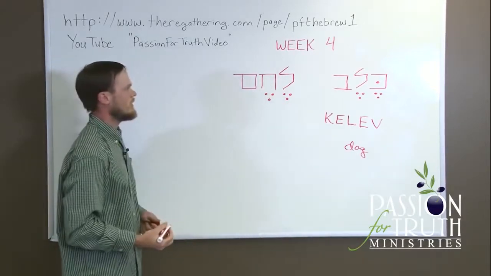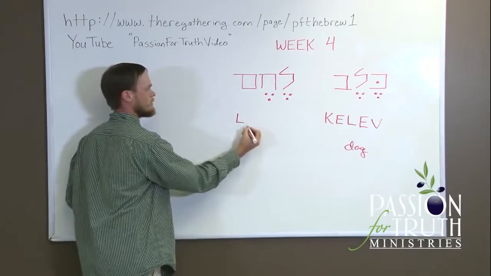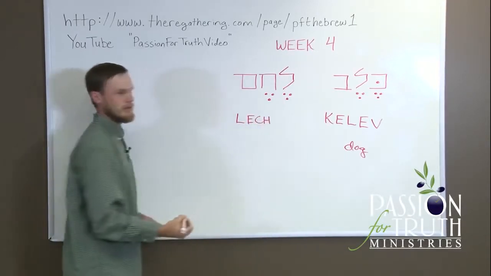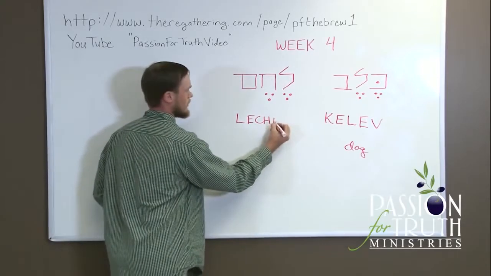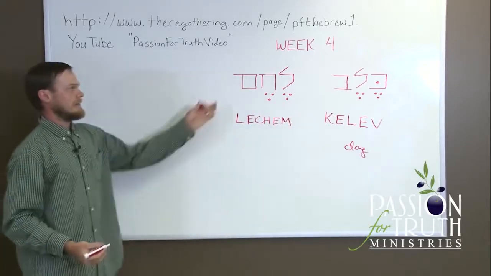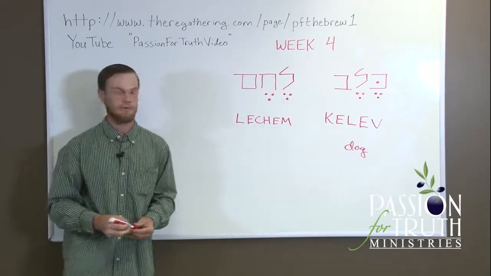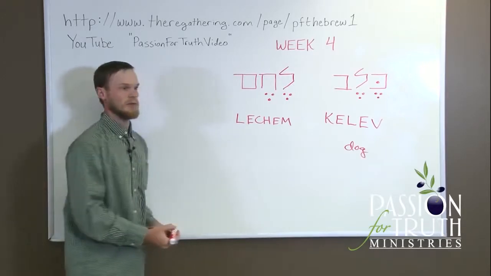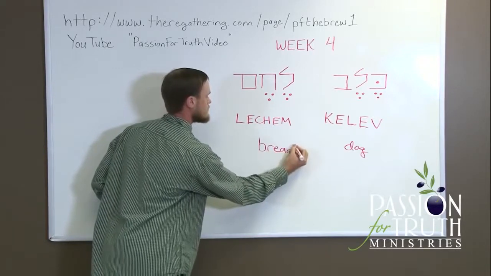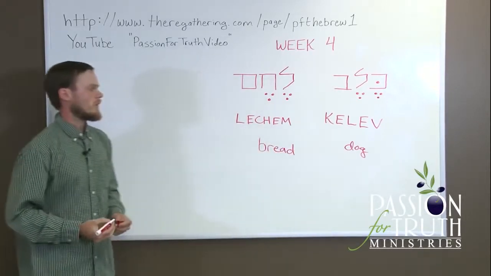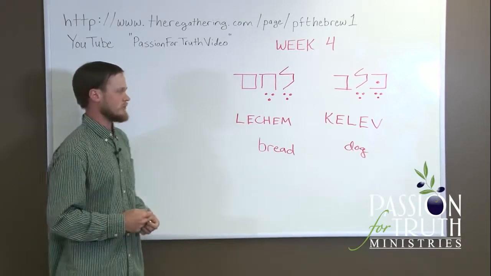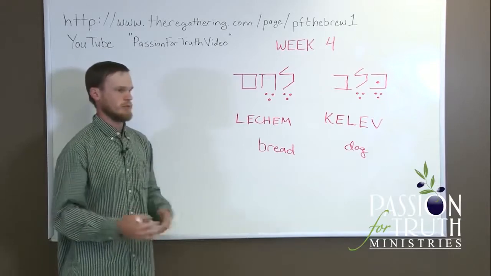So the L of the lamed, short E of the segol, the ch of the chet, short E of the segol underneath the chet, and then the M of the final mem. Lechem is the pronunciation of this word. A lot of you are probably familiar with lechem. Lechem means bread, or sometimes is used to mean food in general, not necessarily bread specifically.